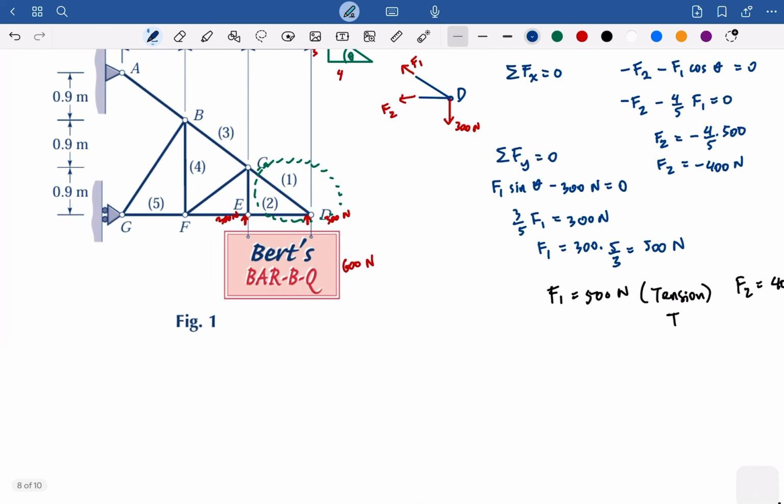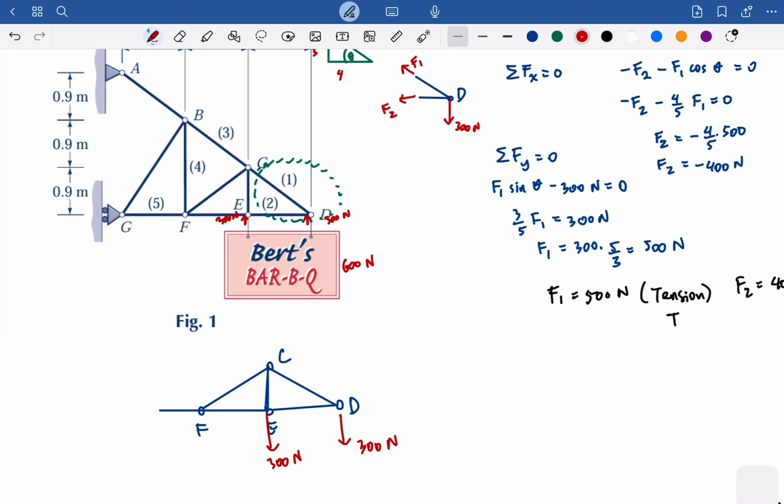So we are going to have the F here, we have the C, we have D, we have E. And we have all conditions: this is 300 Newton, this is 300 Newton.